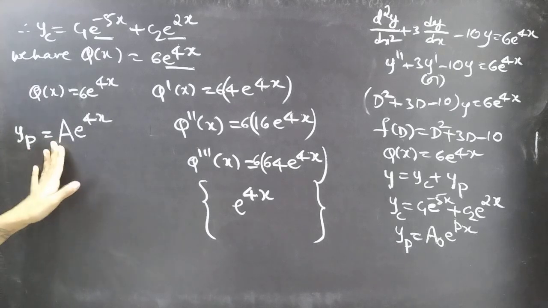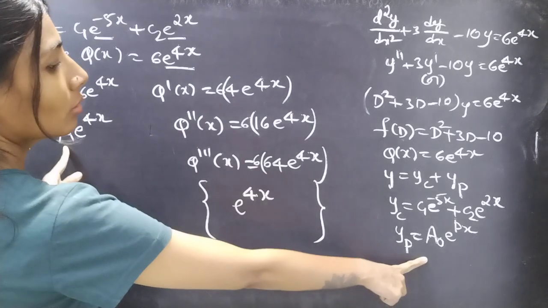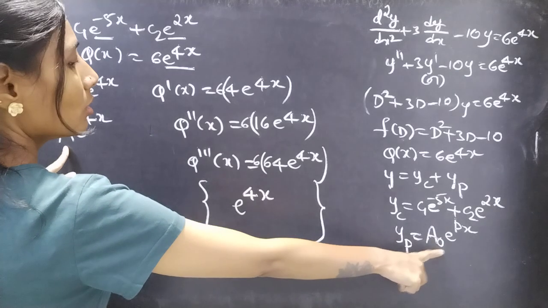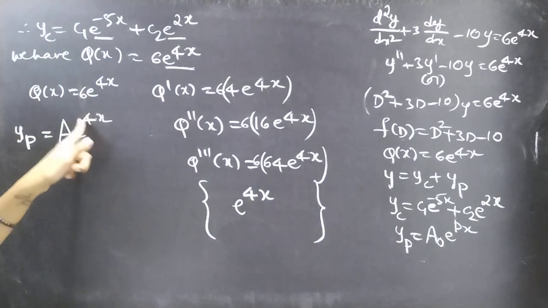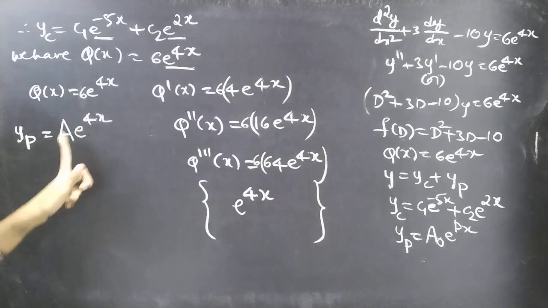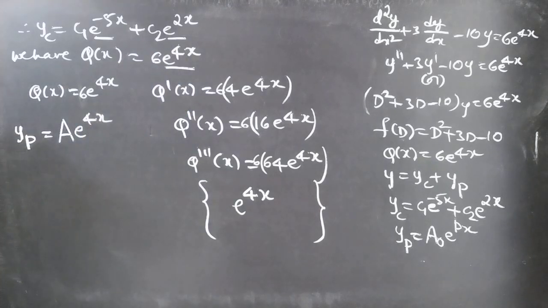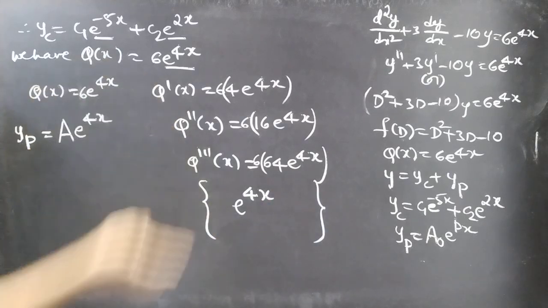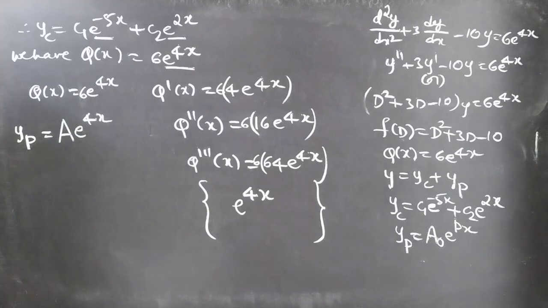Okay, this is the formula. See, you got the same thing, right? This is the formula where you have a naught and here you have p, where p equals 4. This is easy, right? Instead of remembering the formula, you can just find yp using q of x and its derivatives.